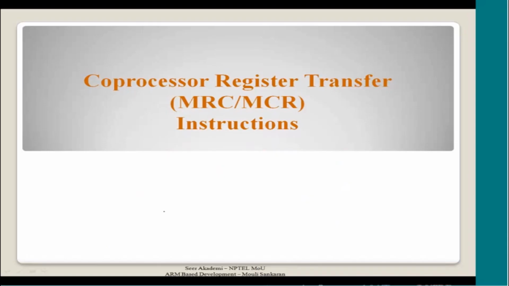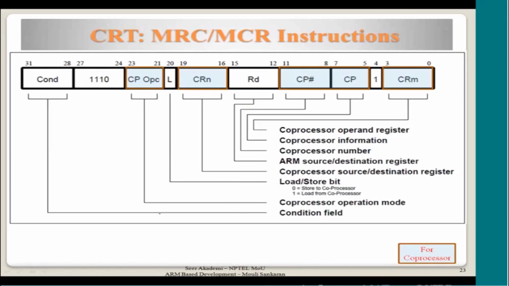This instruction is not as complex as the memory transfer instruction. The only thing is the parameters are more. Here, CRn is a coprocessor operand, another coprocessor operand follows, and then Rd is an ARM register. Either you do this operation and write into ARM, or the ARM register is written into some register in the coprocessor.